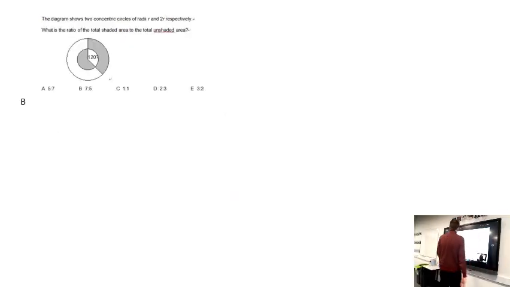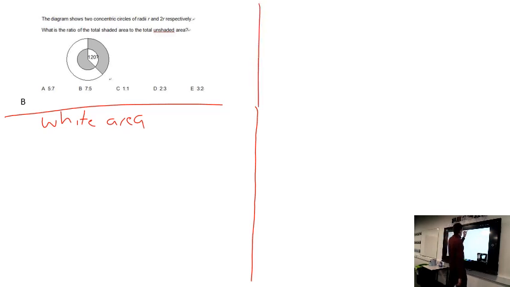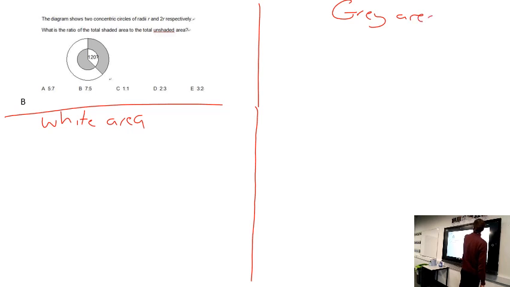Okay, so this region here is for finding the white area, and this region here is finding the grey area, the shaded area. So let's find the white area. Let's firstly look at this here.